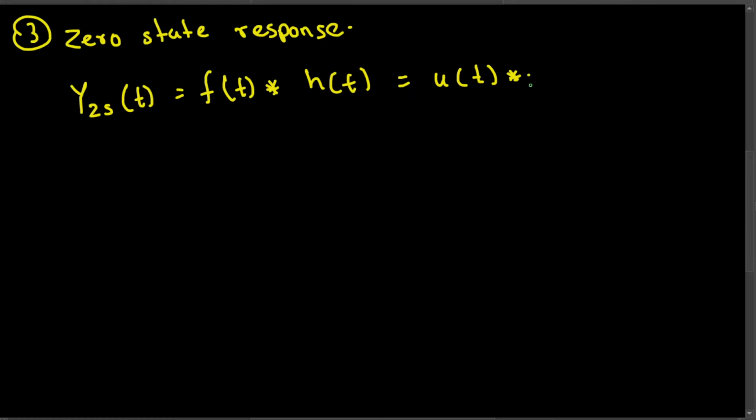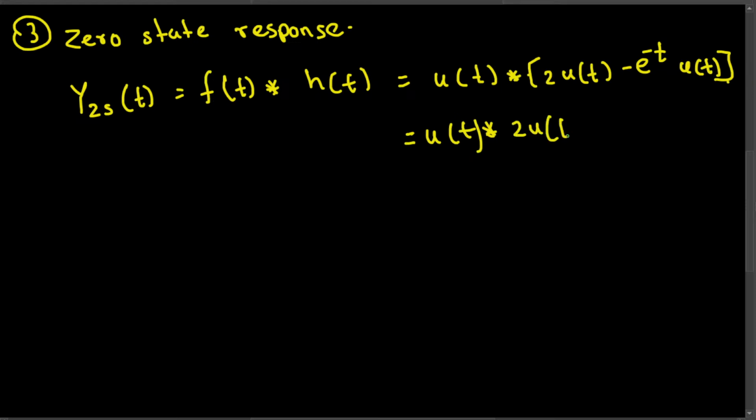this is going to be 2 u of t minus e power negative t u of t. Okay, so if we expand this further, this is going to be u of t convolved with 2 u of t minus u of t convolved with e power negative t u of t.